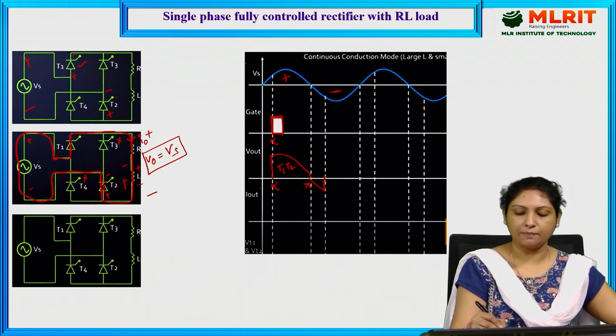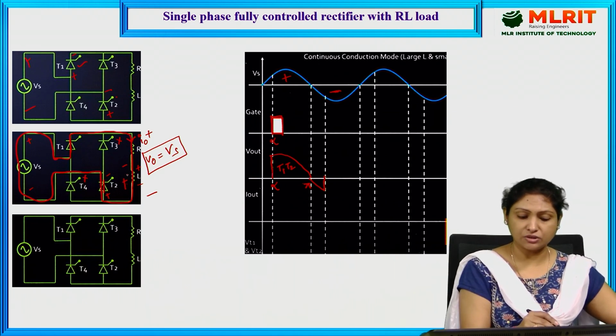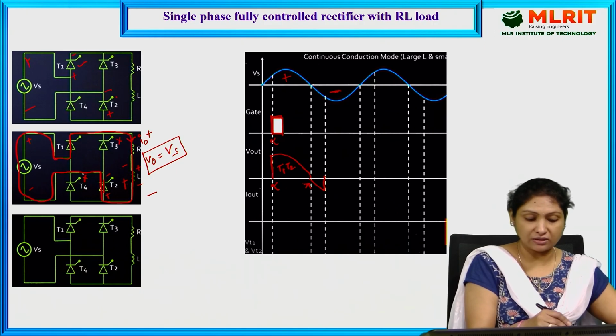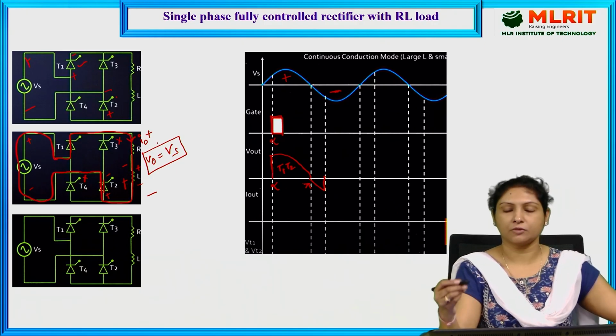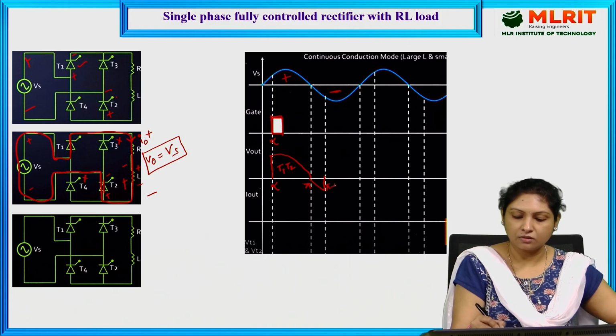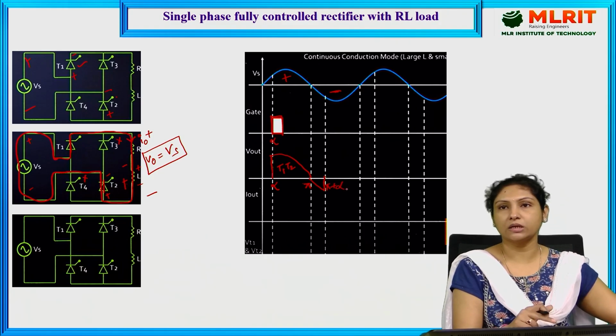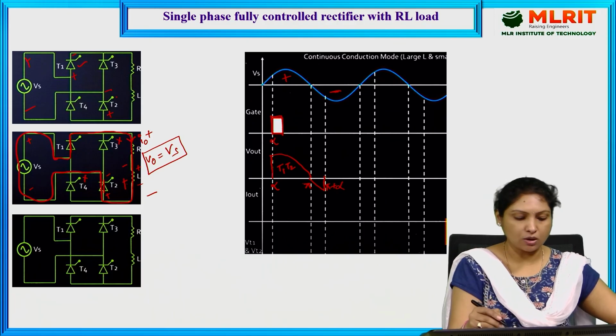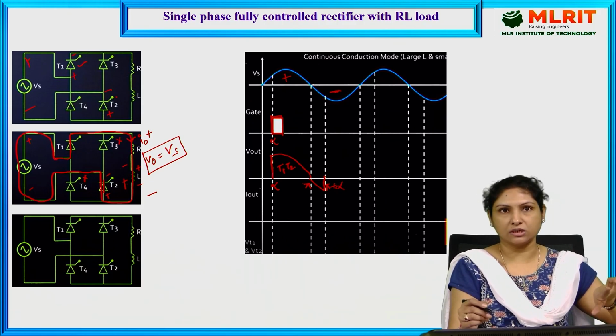Whatever energy is stored in the inductor is driving the current through the load. And once it reaches pi plus alpha, whatever energy is stored in the inductor is completely dissipated and it is zero now, because the energy is completely exhausted.